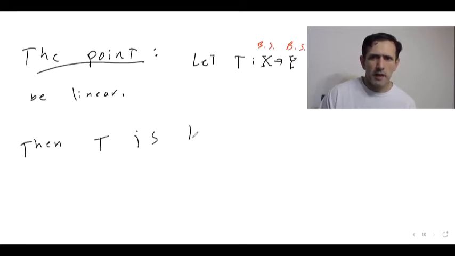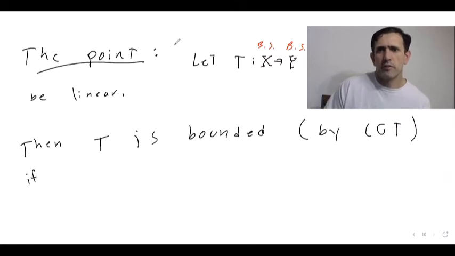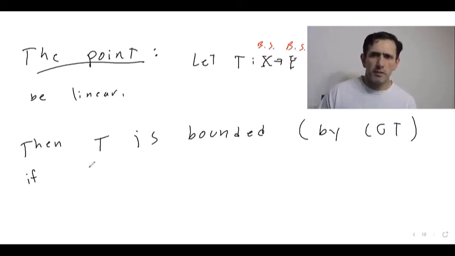T is bounded by the closed graph theorem if and only if, or really we just care about the if part. Only if is trivial. It's just T is bounded from X to Y if the graph is closed.